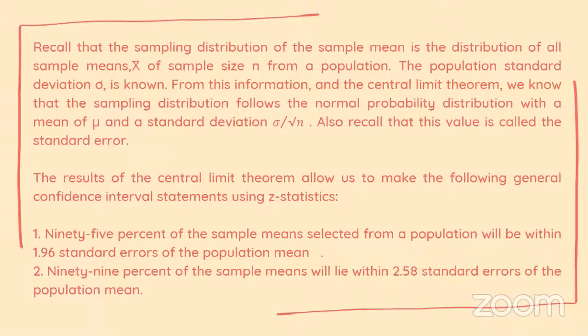Recall that the sampling distribution of the sample mean is the distribution of all sample means, X bar, of sample size n from a population. The population standard deviation is known.